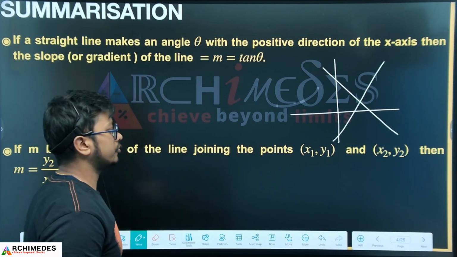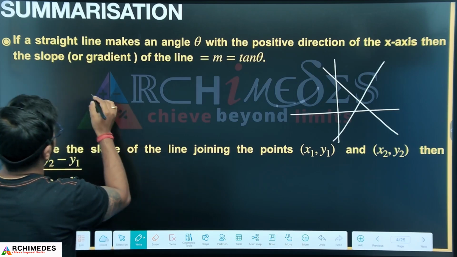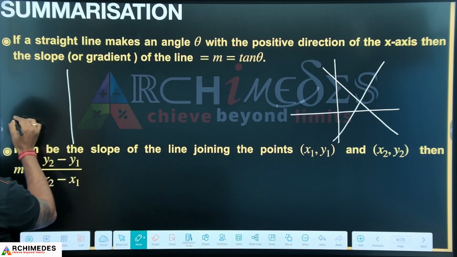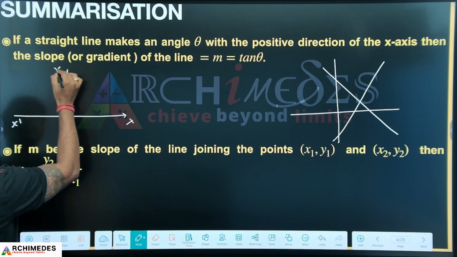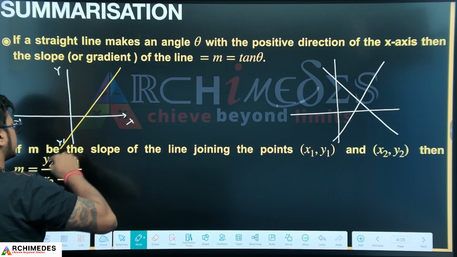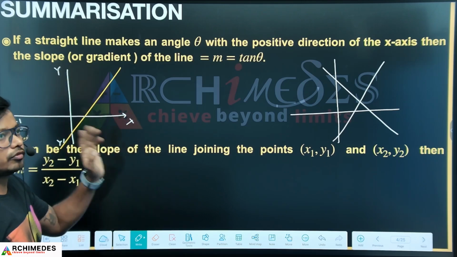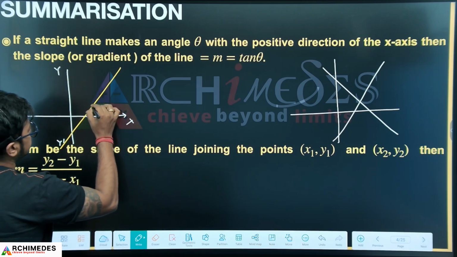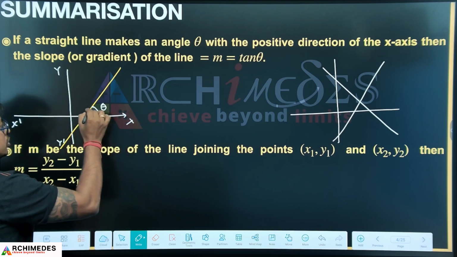So now listen carefully. Slope means, first you have to know about the inclination. Suppose this is the x-axis and this is the y-axis. If I draw a line like this one, because this line is neither parallel to the x-axis nor parallel to the y-axis, suppose this line makes an angle theta with the positive direction of the x-axis, not this one, remember that.